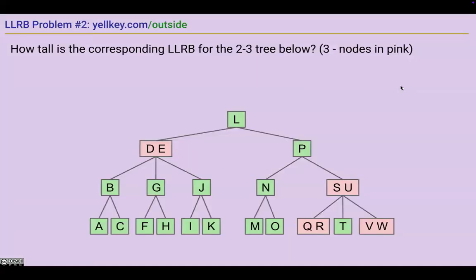How about this one? Everyone write down how tall is the corresponding LLRB for the 2-3 tree? You don't need to worry about the 3 nodes you pick. You can see that they're 3 nodes, right? The ones that are there. But he did color code them. So, 1, 2, 3.